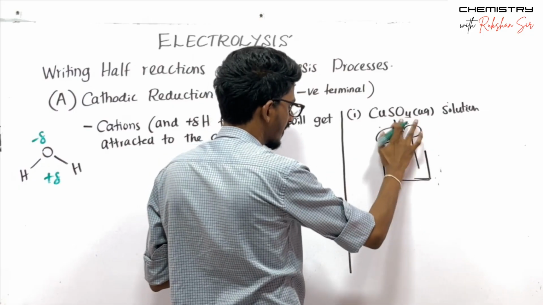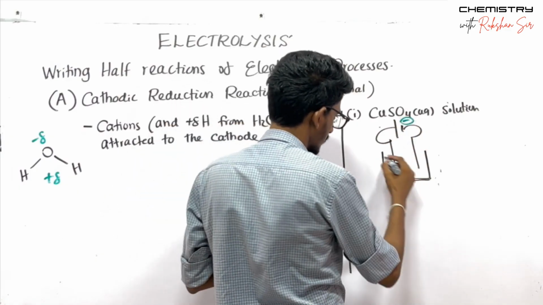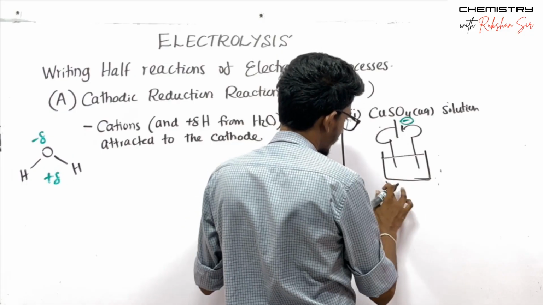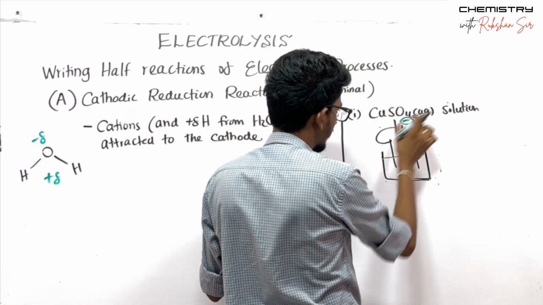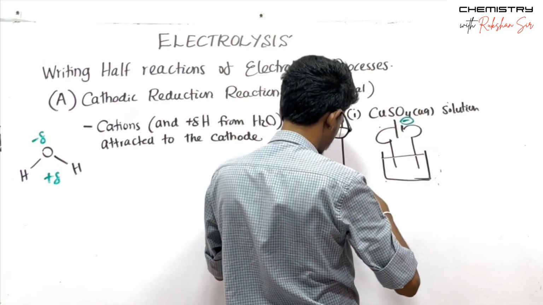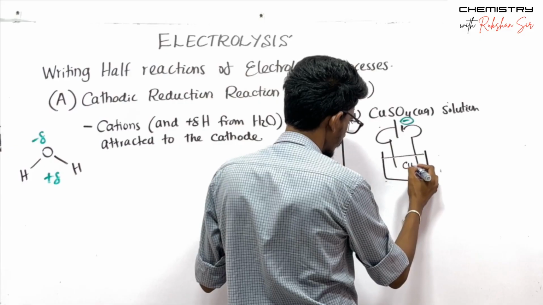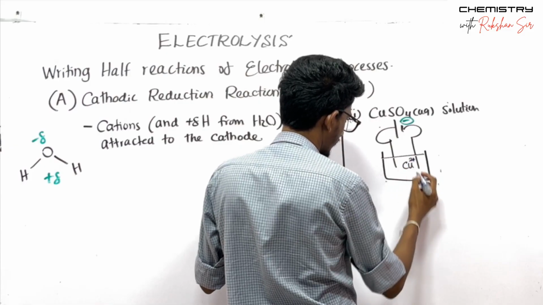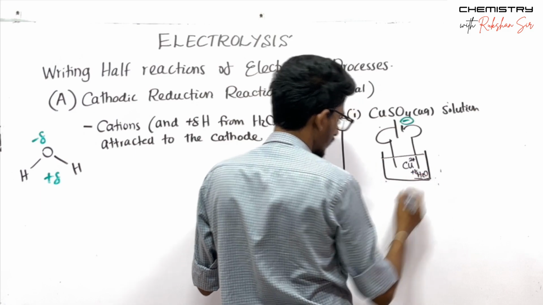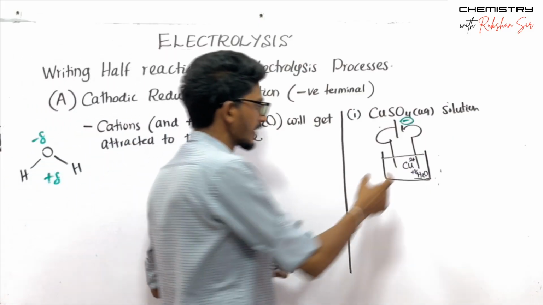This is what we are interested in now, the cathode. From this solution, you have the copper 2 plus ions and the water there. So copper 2 plus as well as water, from the positive delta hydrogen, will get attracted towards the cathode.